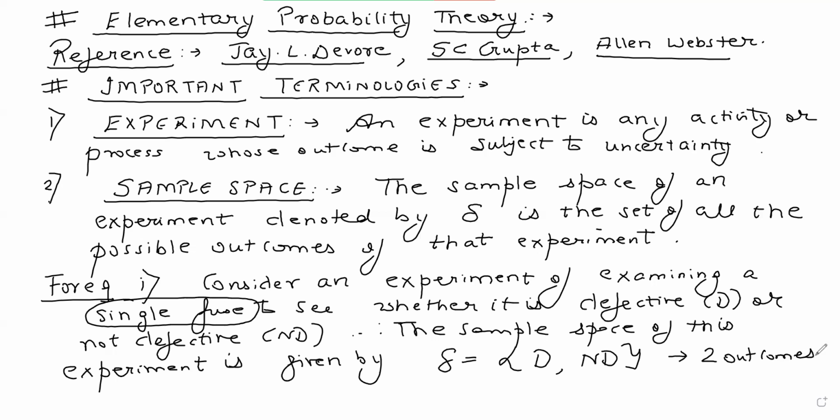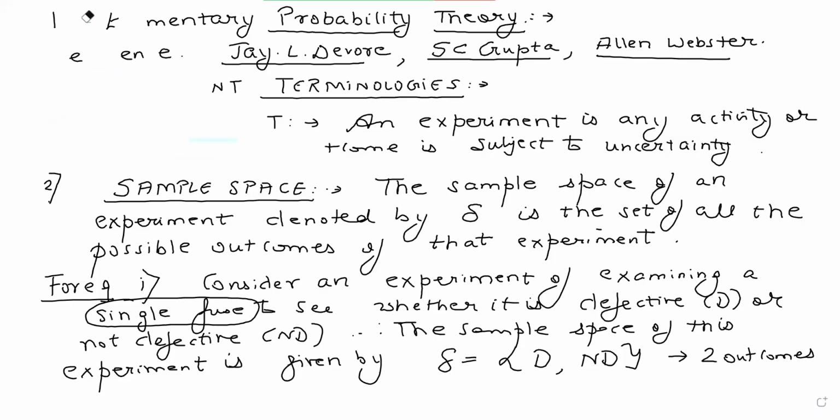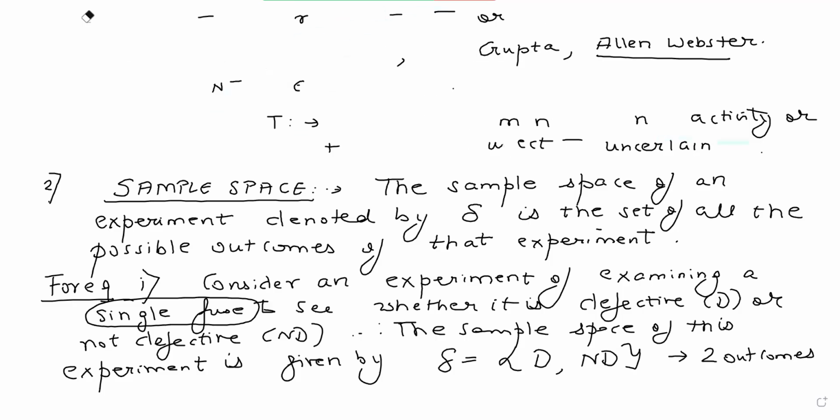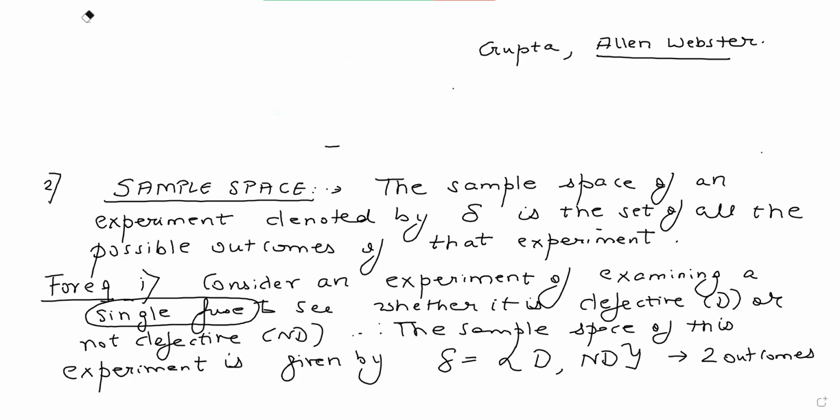Let me erase the initial part and let's look at another example. So I'm erasing the initial part off from the screen, and we are now looking at another example where we are going to write down the sample space of the experiment. I can now write, let's consider example 2.